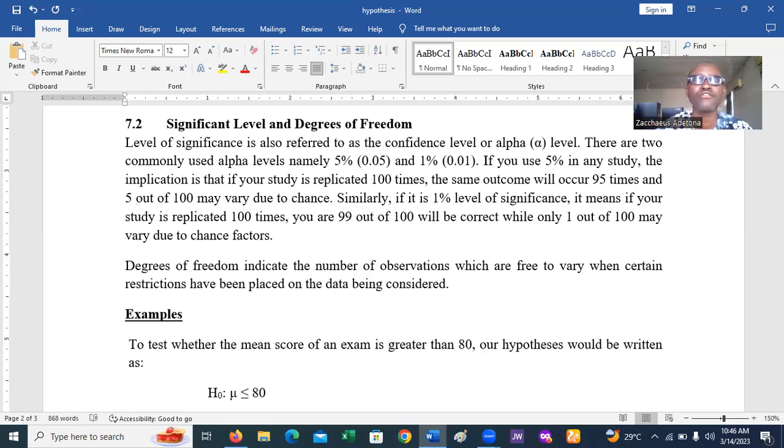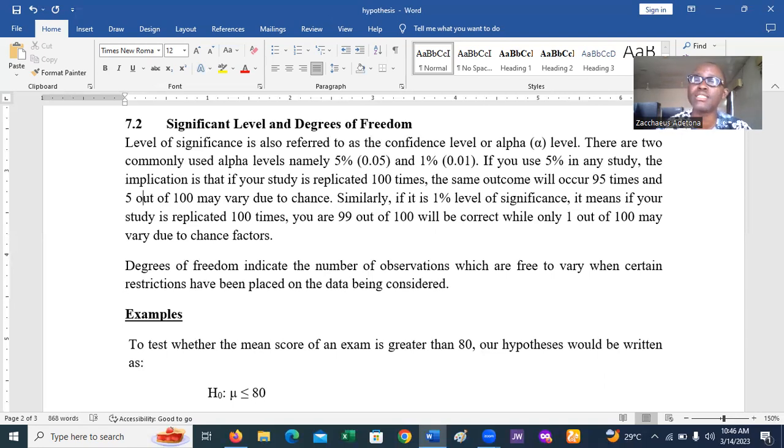That is the meaning of a 5% alpha level or 5% confidence level. If the research is replicated 100 times, the same result will be obtained at least 95 times, and only 5% will vary due to some chance.